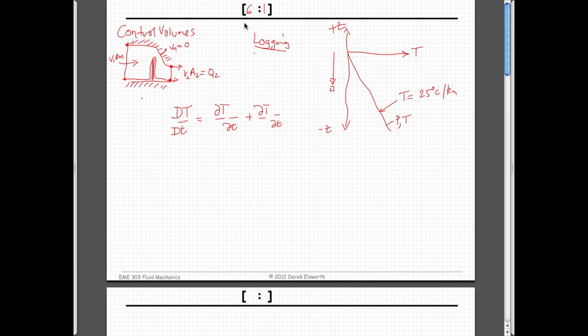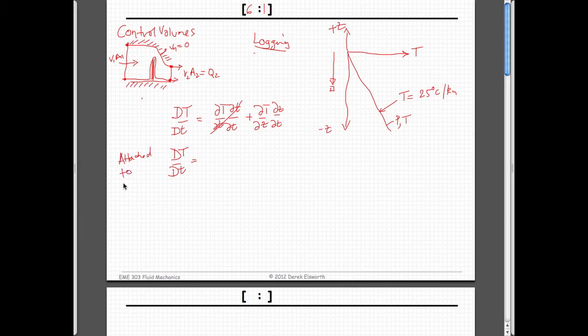And so we could write this as multiplying by dt over dt, which of course doesn't do anything for us. We could do it as change in z, the change in the vertical direction. If we do that, then this temperature change with time is what we're going to see if we're attached to the sonde.